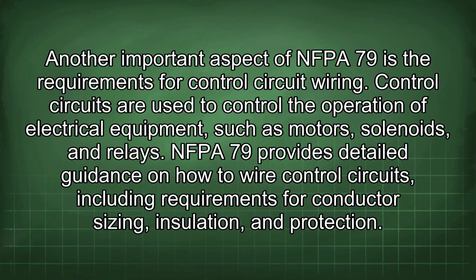Another important aspect of NFPA 79 is the requirements for control circuit wiring. Control circuits are used to control the operation of electrical equipment such as motors, solenoids, and relays. NFPA 79 provides detailed guidance on how to wire control circuits, including requirements for conductor sizing, insulation, and protection.